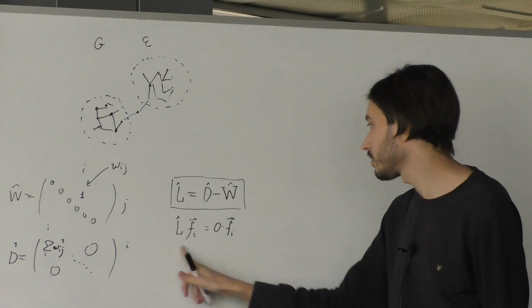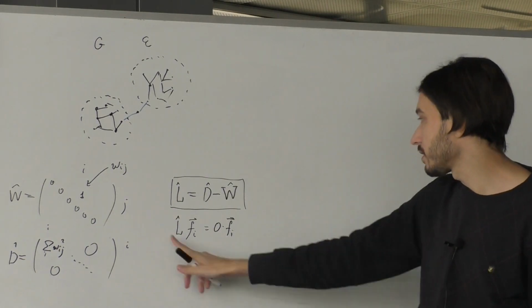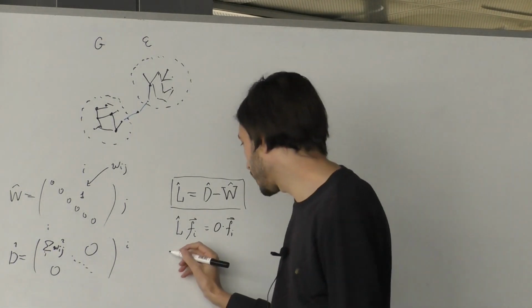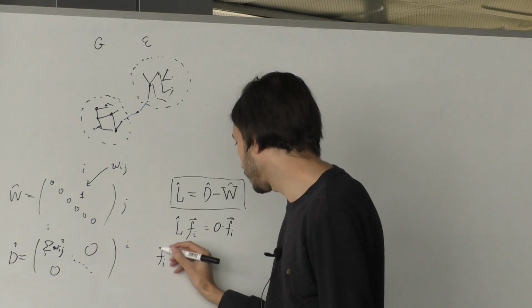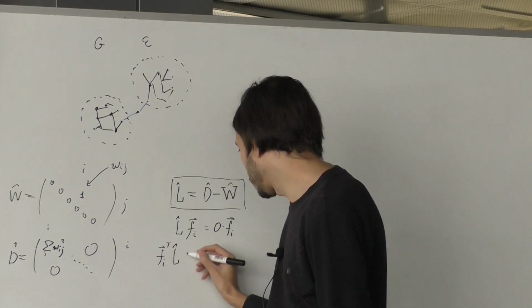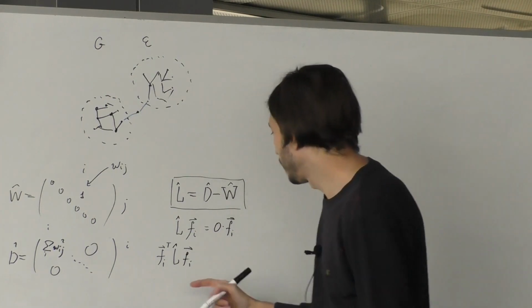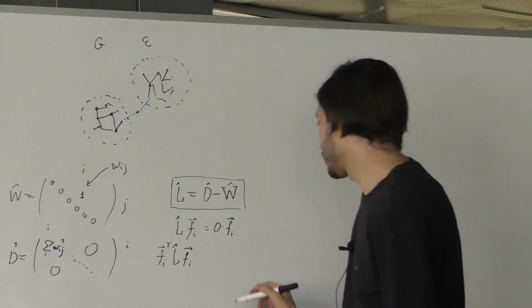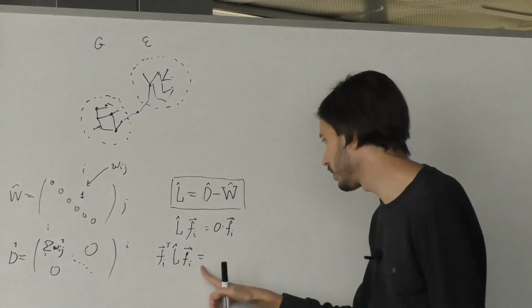Why am I so concerned with this thing? Let me multiply it by phi transposed on the left side. So this will be phi transposed L phi. This is quite an interesting expression that we can think about.